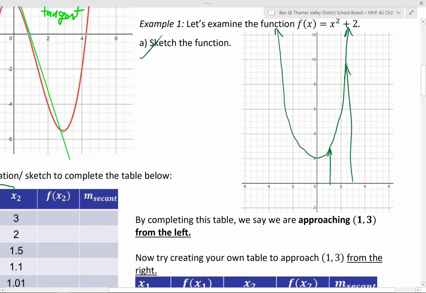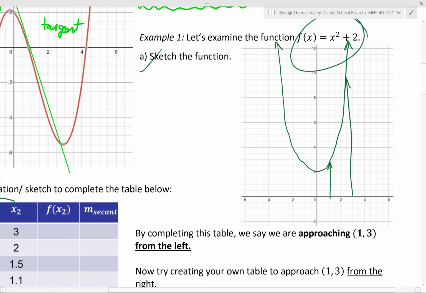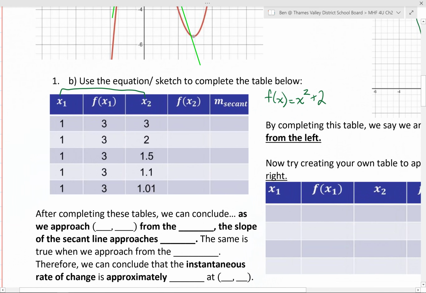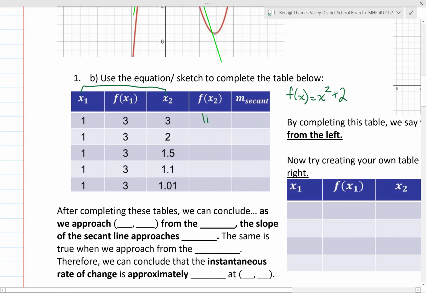So I can use my equation to calculate here. I know my equation is f of x equals x squared plus 2. So where x2 equals 3, then f at x2 would equal 3 squared, that's 9, plus 2, that equals 11. The slope of our secant, again, you should be masters of this by now.